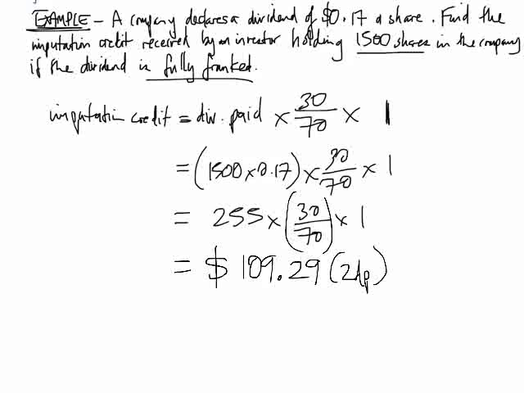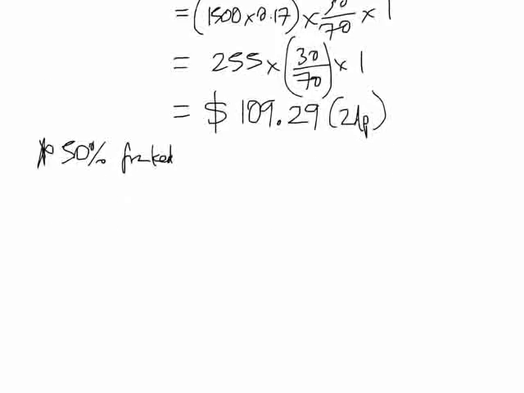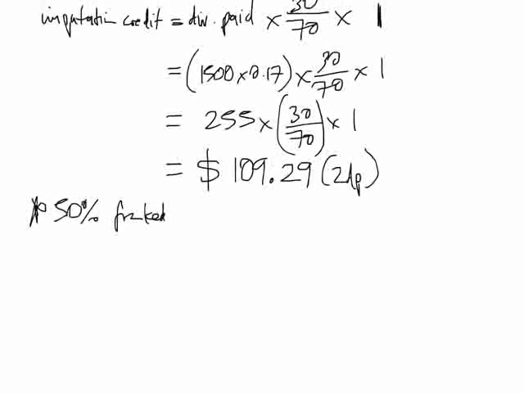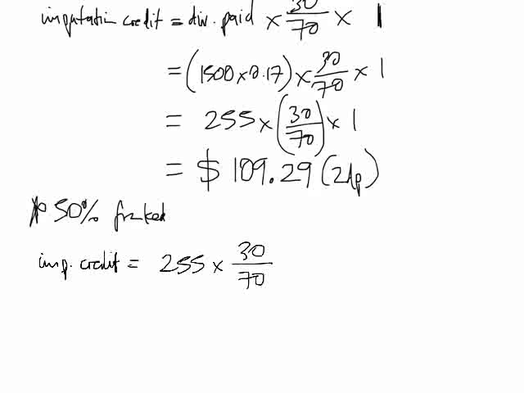What if it was 50% franked? 50% franked. So the company already paid half of the tax. The imputation credit, the only difference would be, the dividend paid is going to be the same, 255 times by 30 over 70, all of that's the same.